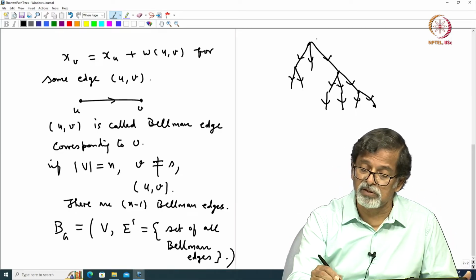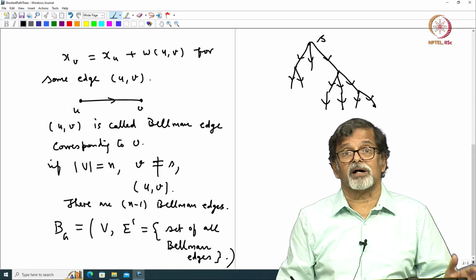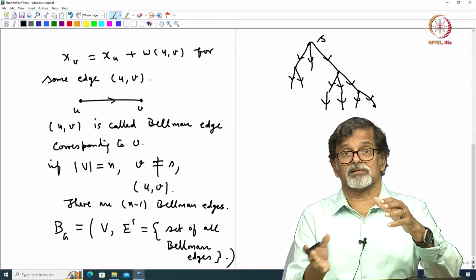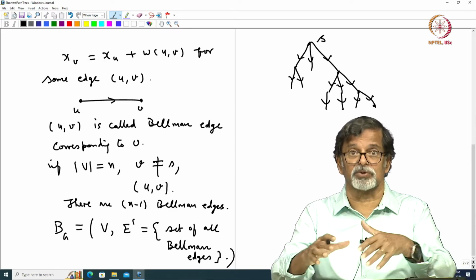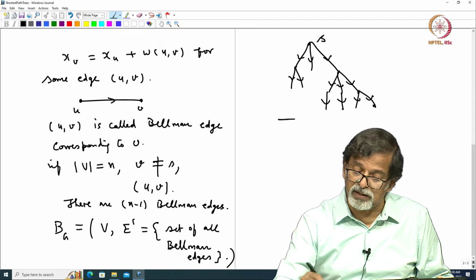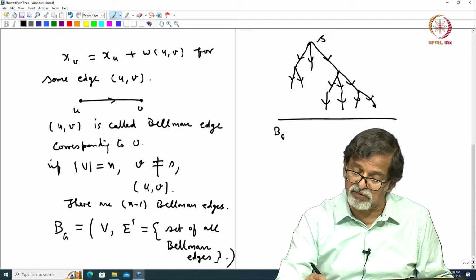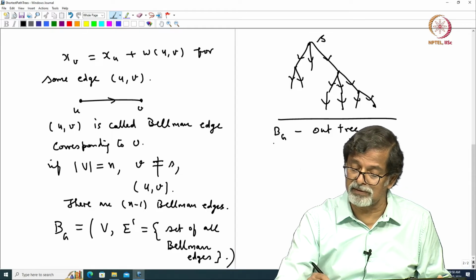This is the root, S is going to act as a root, and to all other vertices we are going to have paths. We will show all of them. So, this Bellman graph, BG, we will show as in fact an out tree.